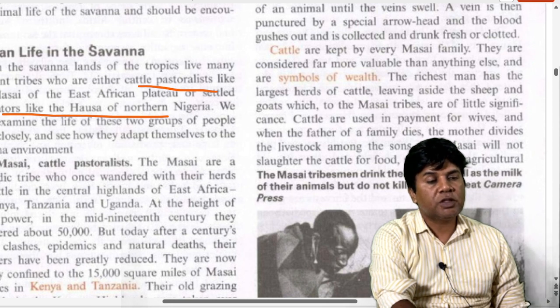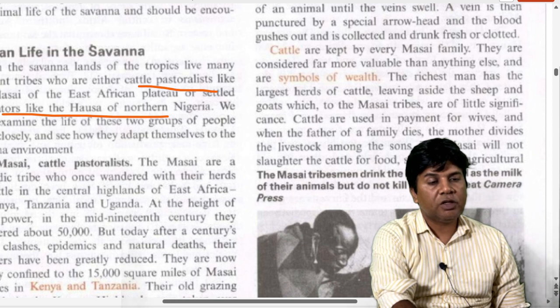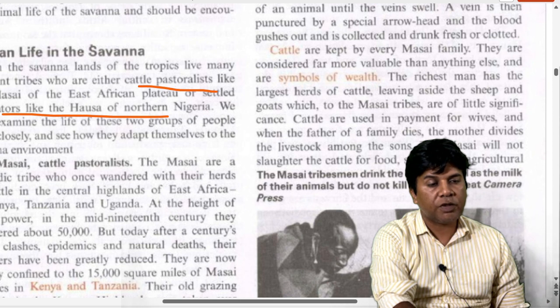So we will be discussing the life of these two different types of people living in these areas to understand exactly what kind of life they live. The Maasai are the nomadic tribes who once wandered with their herds of cattle in the central highland of East Africa in Kenya, Tanzania, and Uganda.